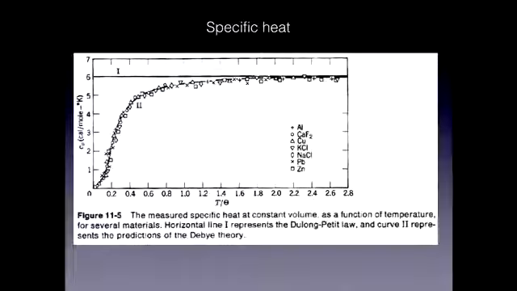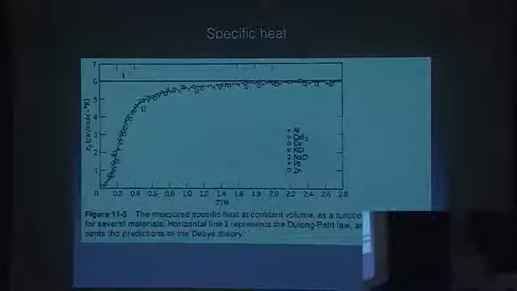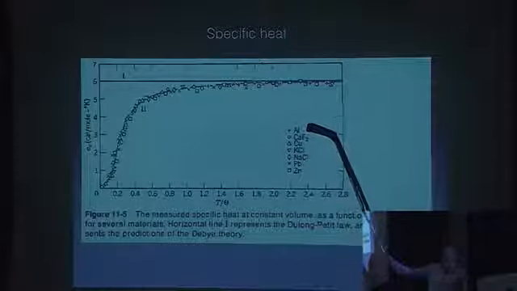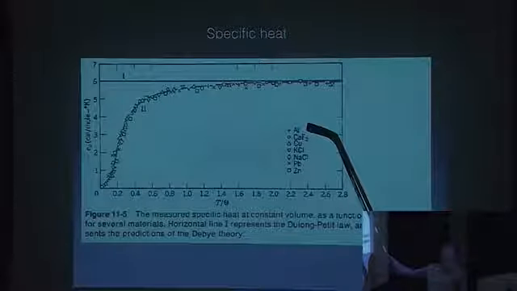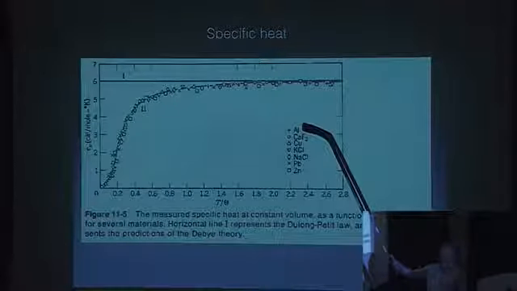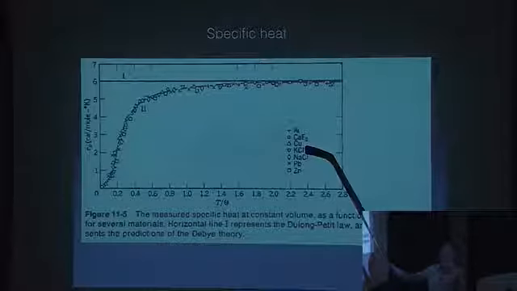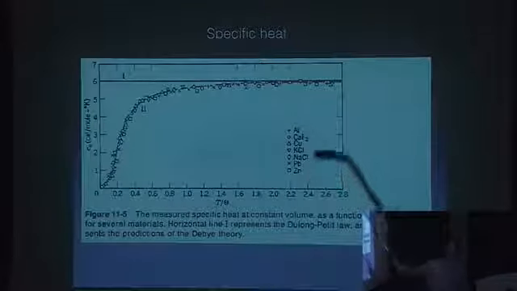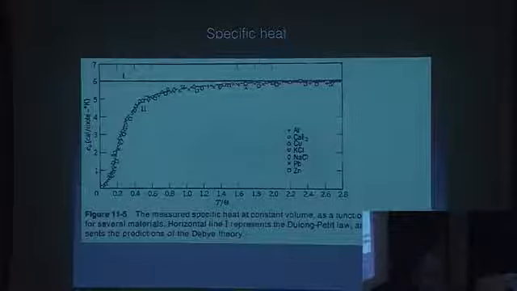Finally, I have a few pictures here related to the specific heat that we also calculated yesterday. What's shown here is the measured specific heat for various crystalline materials: aluminum, calcium fluoride, copper, potassium chloride, sodium chloride. So this includes some ionic insulators as well as metals.